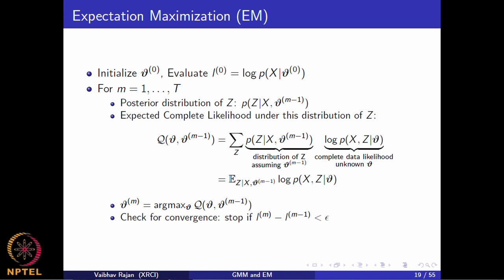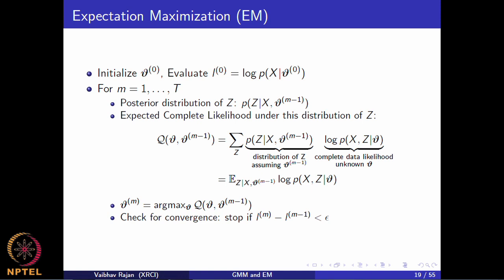EM is an iterative algorithm, just like what we designed for Gaussian mixture. You again start with a guess of the parameters. You evaluate your first guessed likelihood, and then you iteratively do two steps.